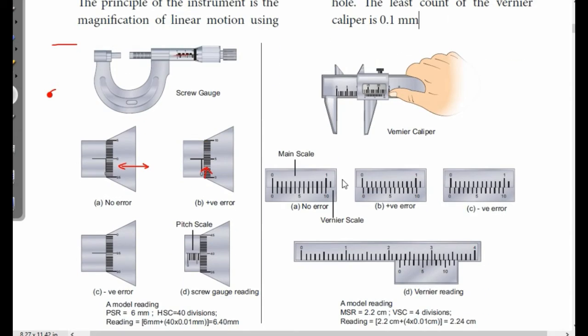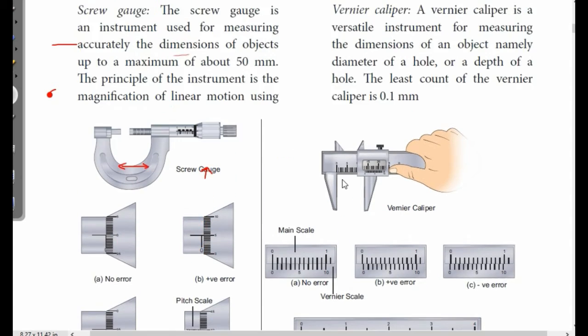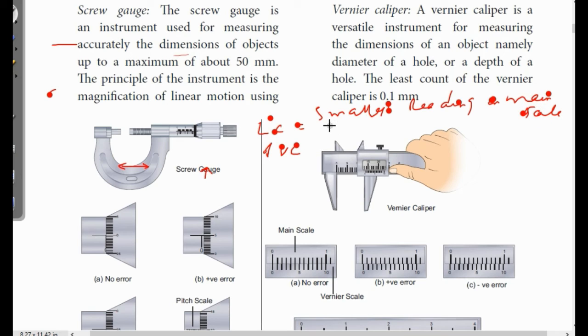The least count of Vernier caliper is the smallest reading in the main scale divided by the number of divisions in the Vernier scale.